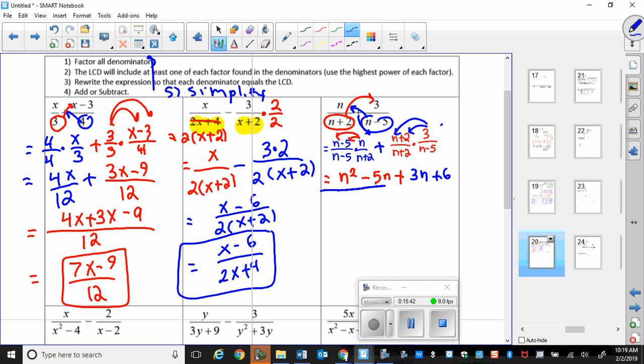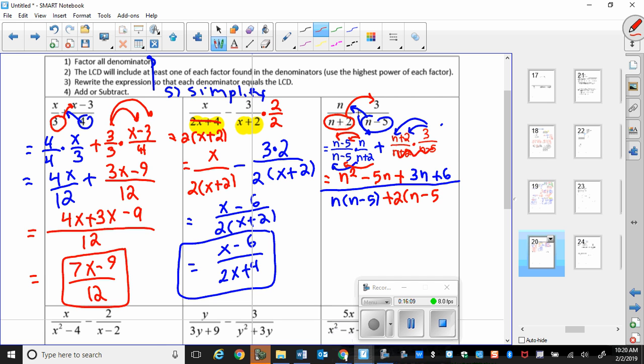On the bottom, now let's focus on the bottom here. So what happens here? So n distributes to n minus 5. So I have n times n minus 5. And then positive 2 distributes to n minus 5.